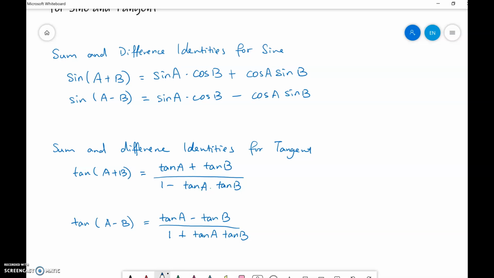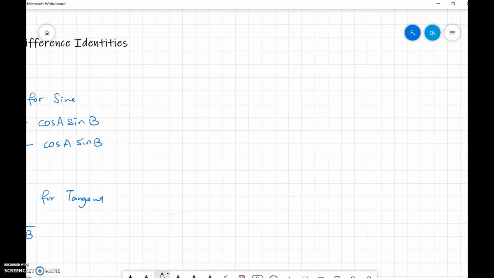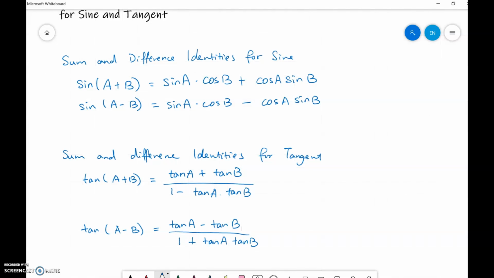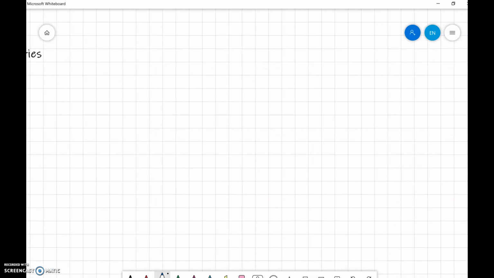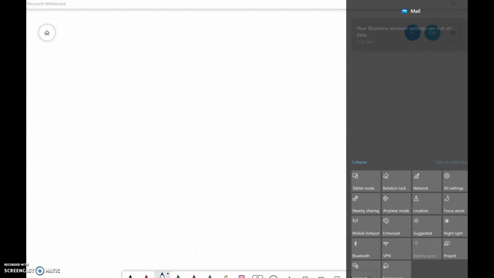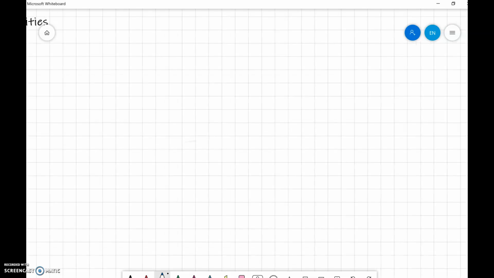Before we jump to examples, I'm going to really quickly talk about how I can get those 2 tangent identities. We're going to use both the sine and cosine identity forms.